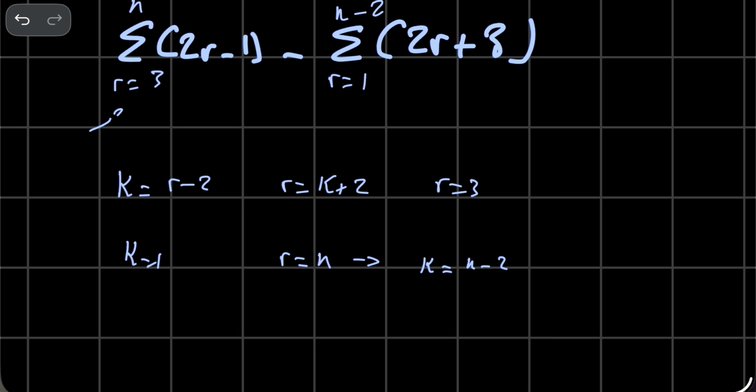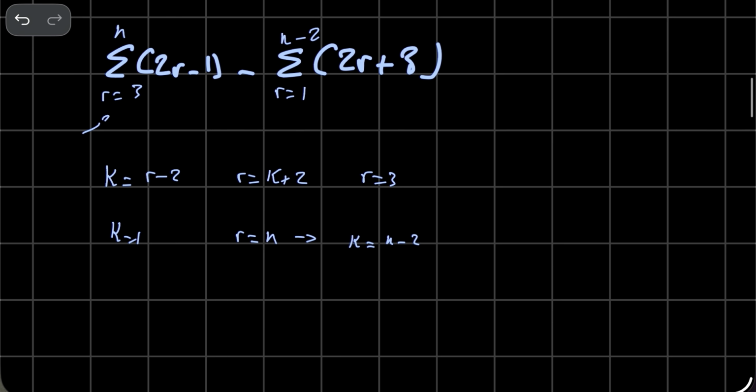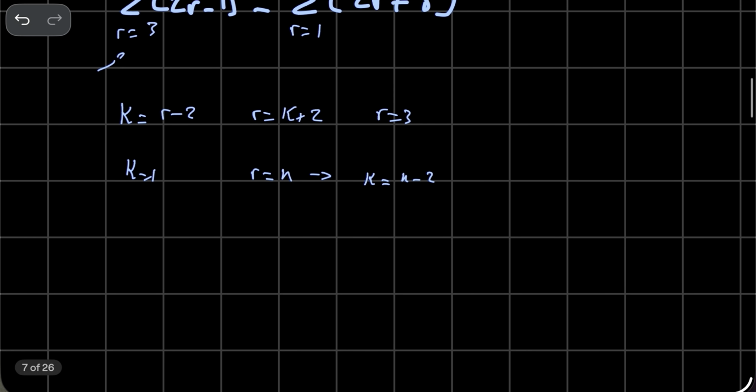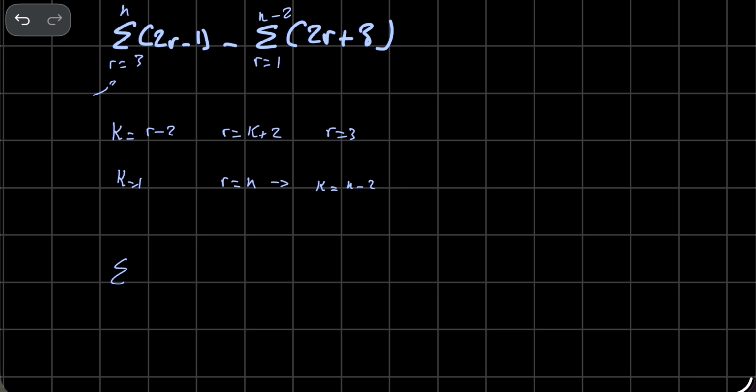Okay, so we just want to put it here too. We rewrite this as sigma of k equals 1 and it reaches n minus 2 of 2r minus 1. Now, if you notice, this one we also have to transform.